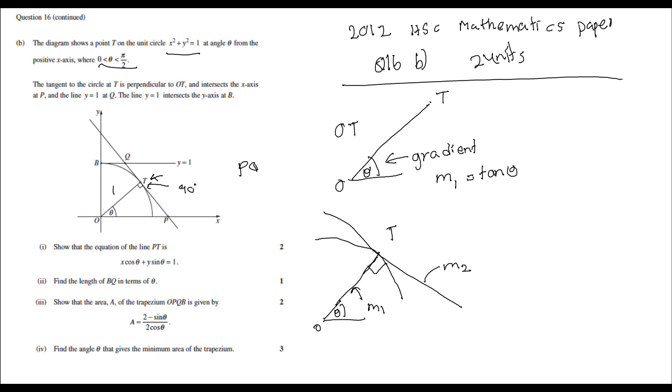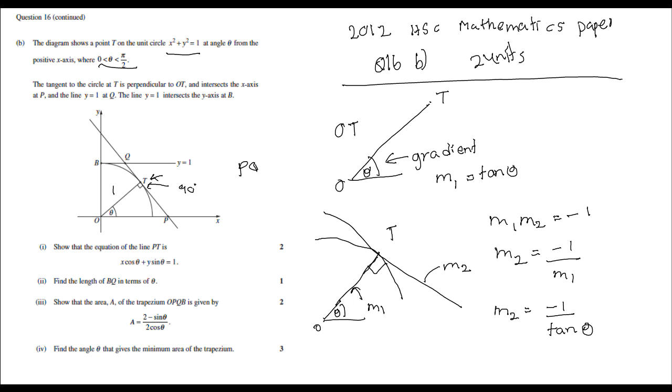For a tangent at that point, the gradient is related to M1 by M1 M2 equals minus 1. So M2 equals minus 1 over M1, which gives M2 equals minus 1 over tan theta.